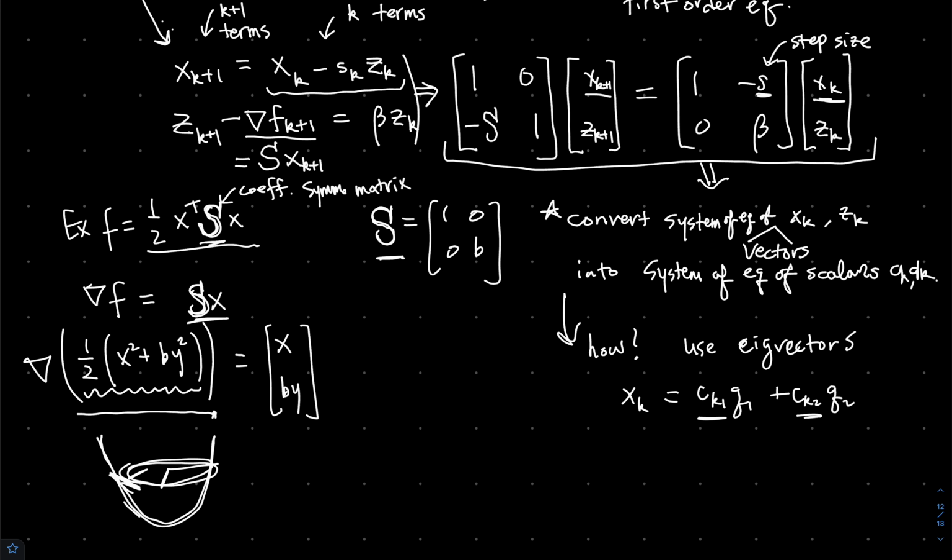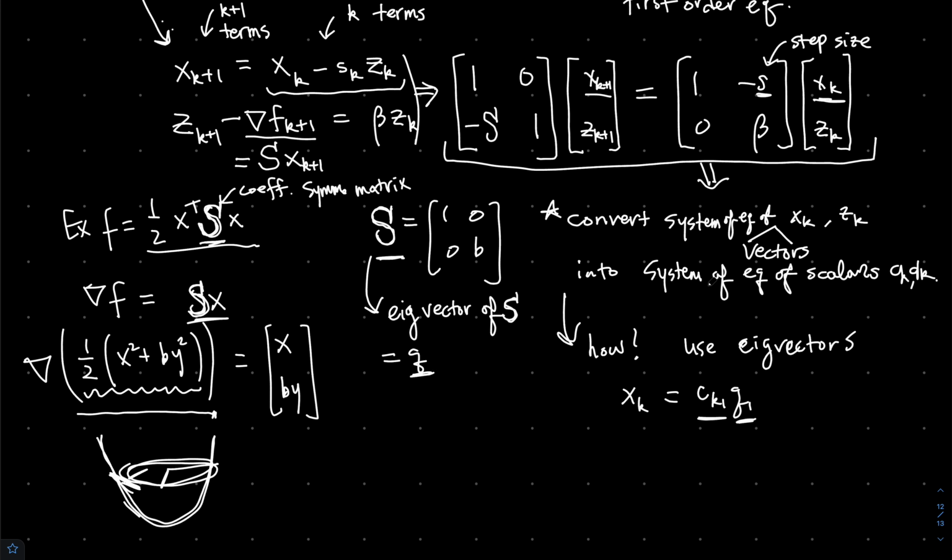So we would like to decompose these two eigenvectors. Just think of each eigenvector. And what is this eigenvector? This is the eigenvector of S. We will denote it as q.